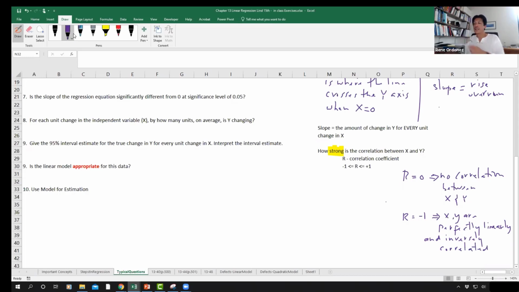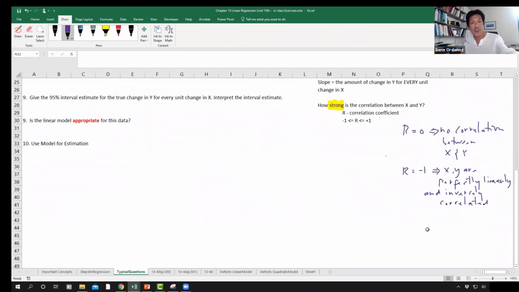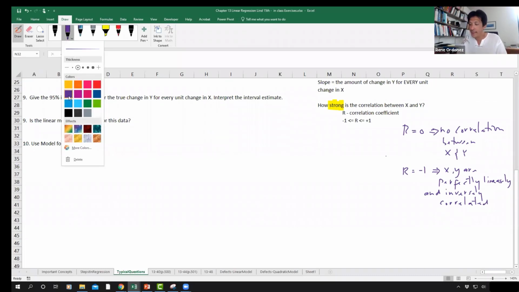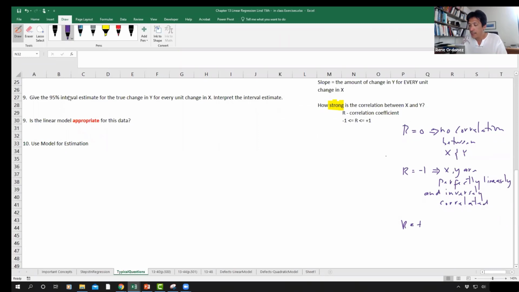And then when R is equal to plus 1, then we can say that X and Y are perfectly linearly and directly correlated.